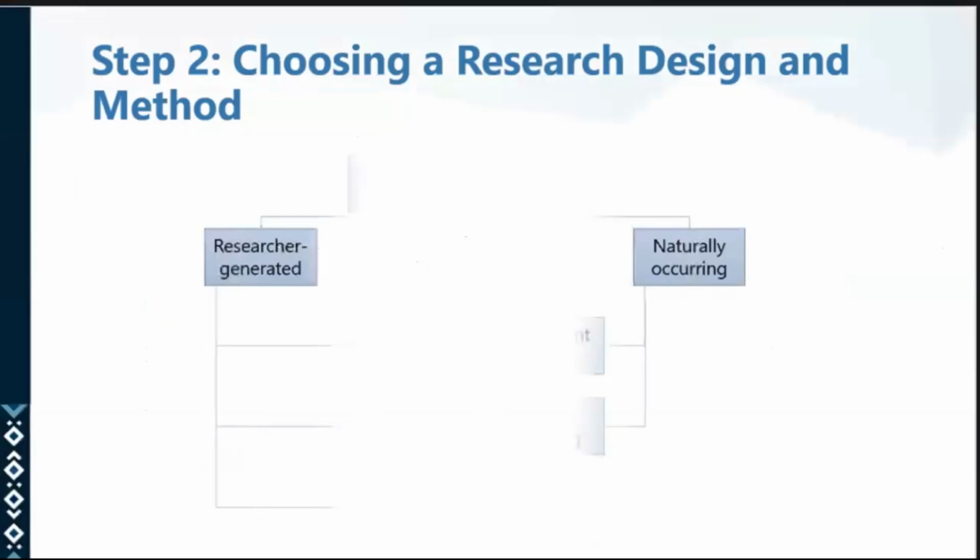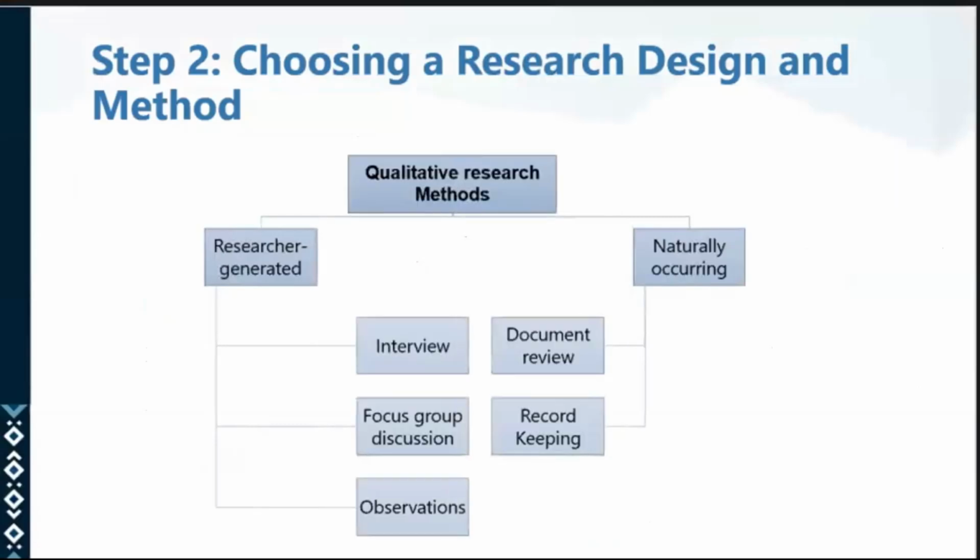When it comes to qualitative research methods, they are subdivided into two. We have researcher-generated qualitative research methods, and we have naturally occurring qualitative research methods. When we say researcher generated, we are saying that it's the researcher who collects the data.